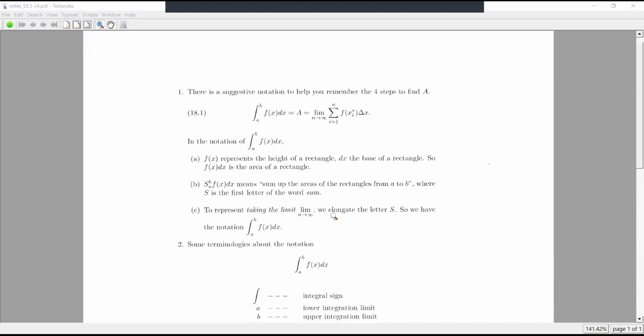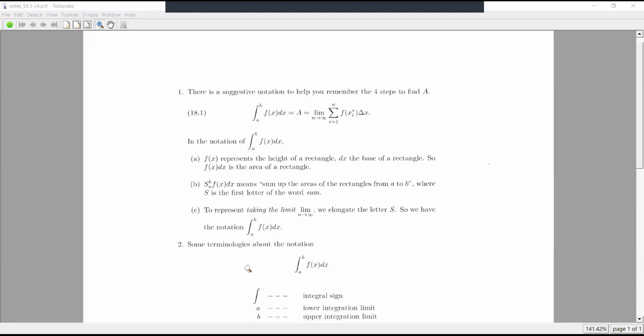We elongate the letter S into this symbol. This is an elongated S. We use the elongated S to represent taking the limit. So we get this notation, and it is suggestive. When you look at this notation, you can remember the 4 steps to find the area of a region between a curve and the x-axis between a and b.